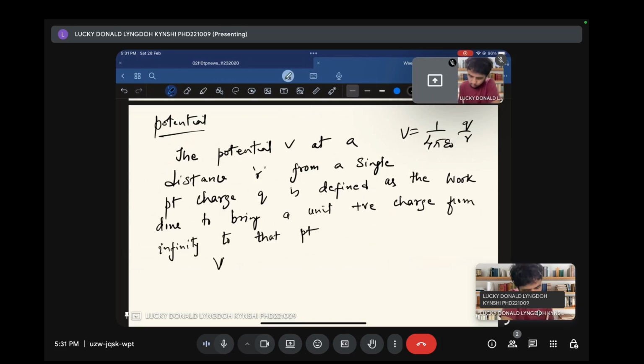That is why we give v of r equal to 1 by 4 pi epsilon naught q by r.